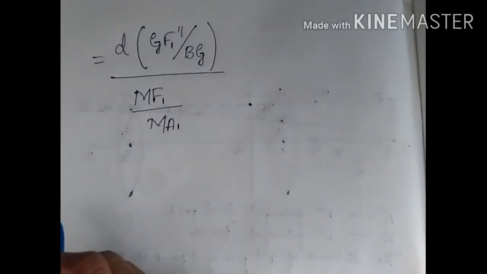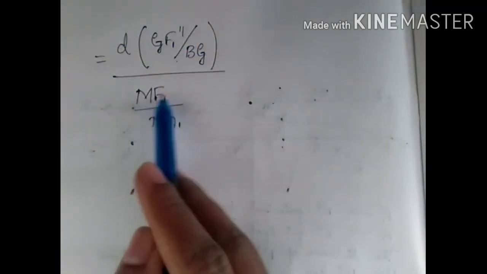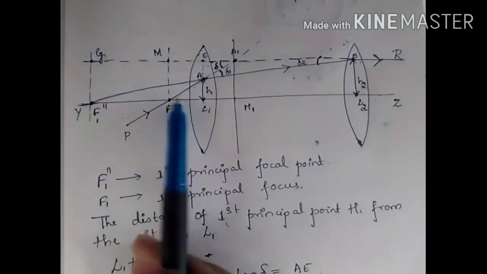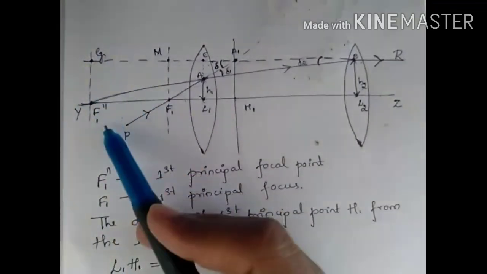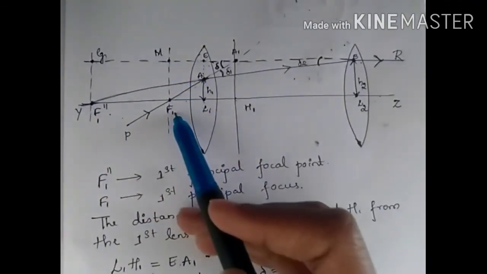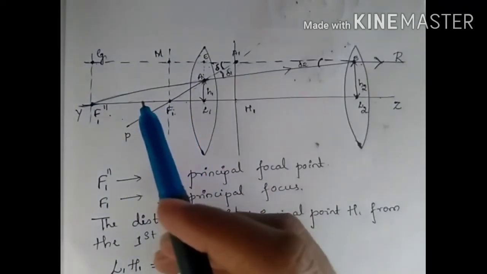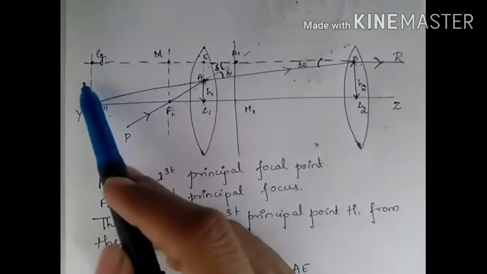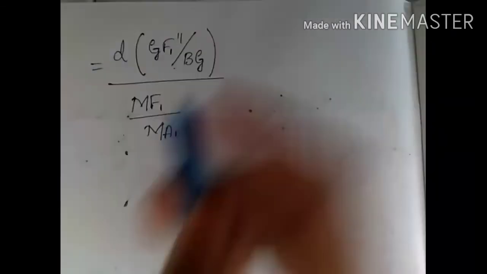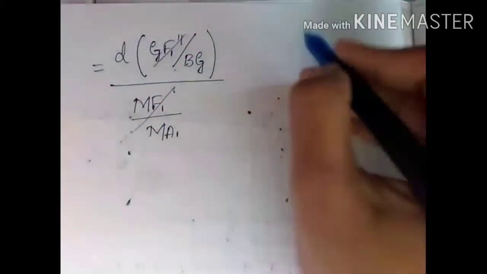No, right? But there is a term GF1 double prime which is equal to MF1. If you see the diagram here, the distance from G to F1 double prime is equal to the distance from M to F1. So these terms are more or less the same terms, so we can cancel GF1 double prime with MF1. So this term here will get cancelled with MF1. Why?